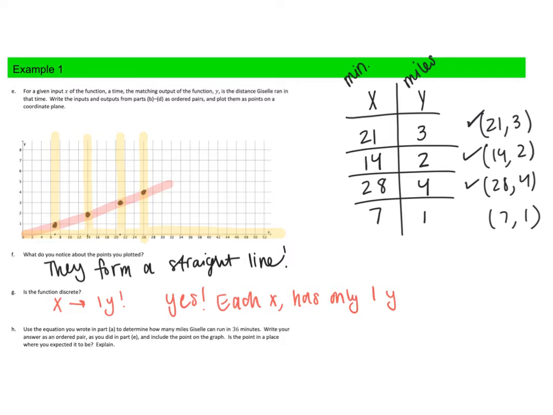Please figure out how far she's going to be able to run in 36 minutes. Okay? So find that value for me using our equation, and then tell me, is there a place where you expect it's going to be over here? So 36 is right here. Where do you think this is going to land? I'll give you a couple minutes to do this one, okay?